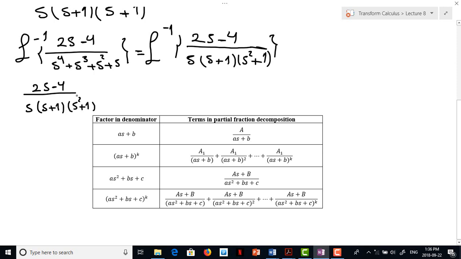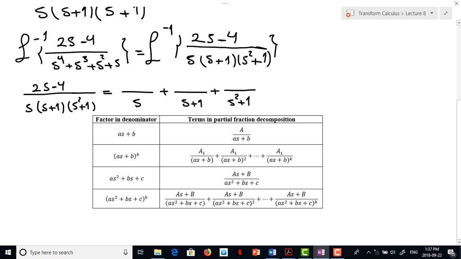So we have 3 factors in the denominator, and for each factor we can find one term in the partial fraction decomposition from the table. For the first factor, we have just s. The second one we have s plus 1. And for the third one we have s squared plus 1.